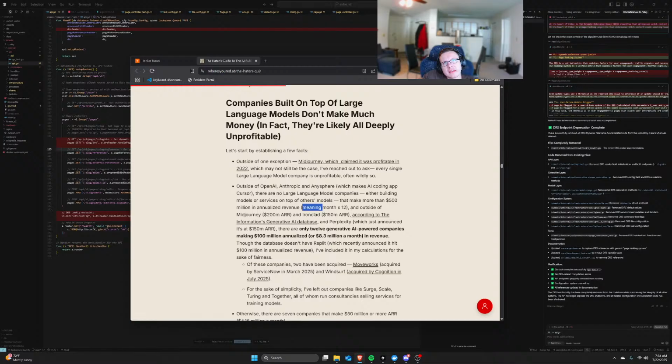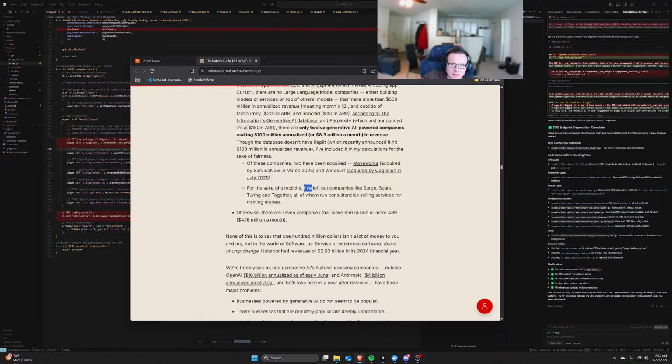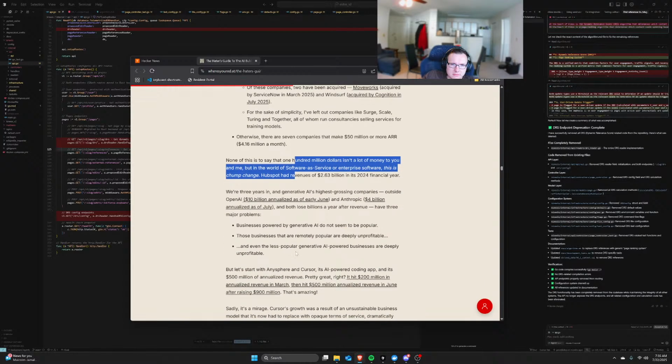I do think that there's going to be software devs who make really, really powerful products with generative AI, but it is the case at the same time that some of these foundational companies need to make more money, which means they might have to raise prices. I'm not sure. We'll see. Chump change.